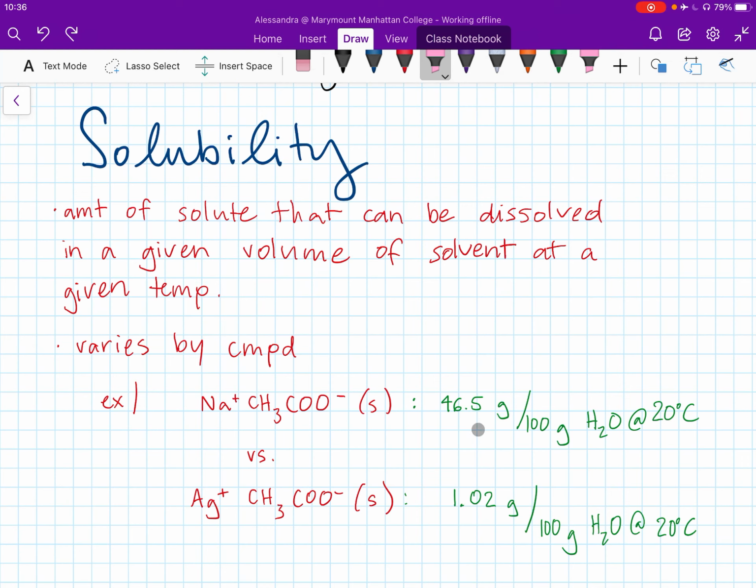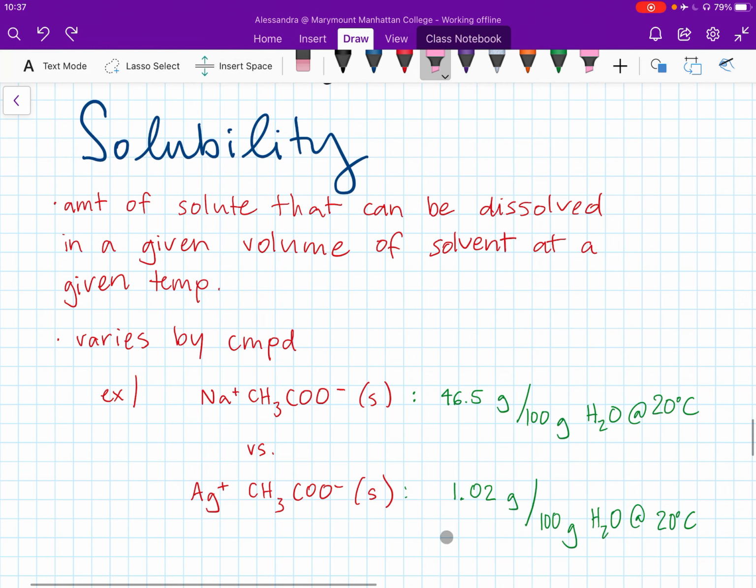And you can see that the solubility values per 100 grams of water at 20 degrees Celsius are extremely different. Sodium acetate is highly soluble. You can dissolve 46.5 grams of it in 100 grams of water at 20 degrees Celsius. Compared with silver acetate, you can only dissolve 1 gram of it per 100 grams of water at 20 degrees Celsius.